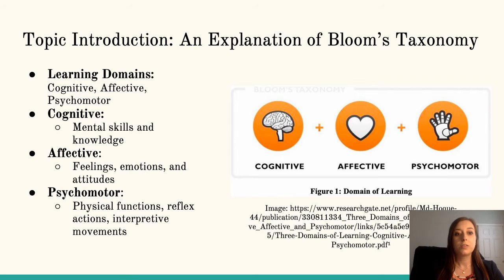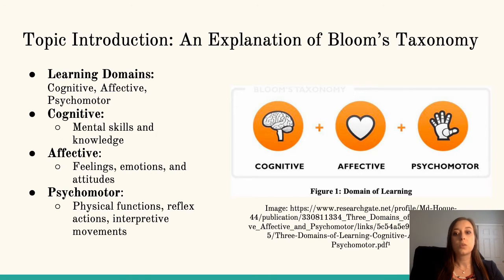So cognitive is basically just the mental skills and knowledge that we acquire, and that's falling into 6 subgroups, which we'll talk more about in a little bit. Affective is going to be our feelings, emotions, and attitudes. Okay, so there's 5 subgroups for that. Receiving, so that would be like attentive listening, responding or active participation.